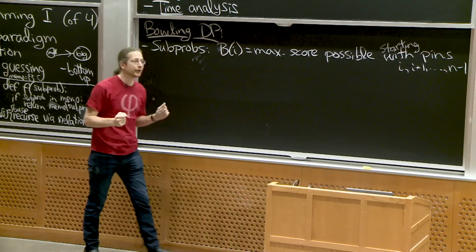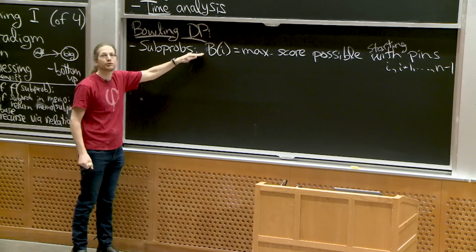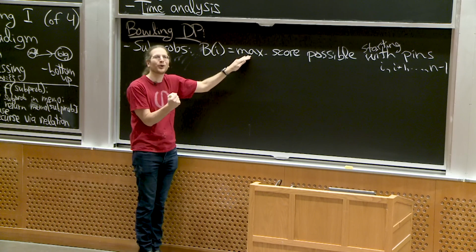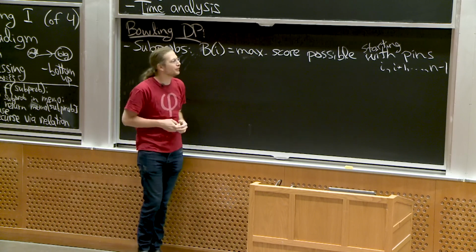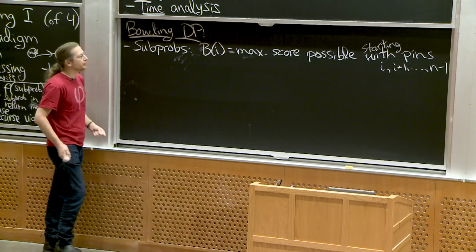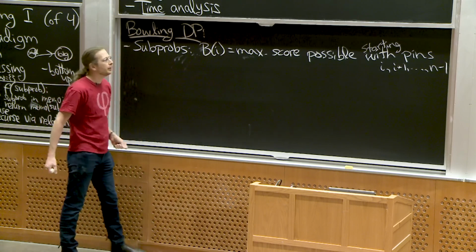It's very important whenever you write a dynamic program to define what your subproblems are. Don't just say how to compute them, but first say what the goal of the subproblem is. This is a common mistake, to forget to state what you're trying to do. So now I've defined B of i.